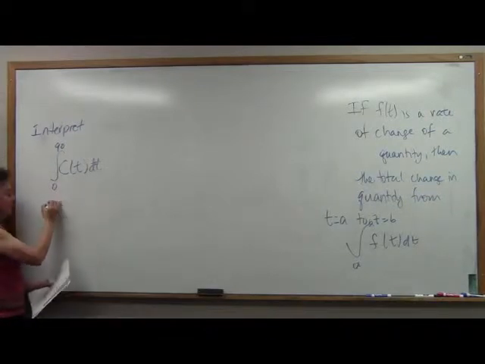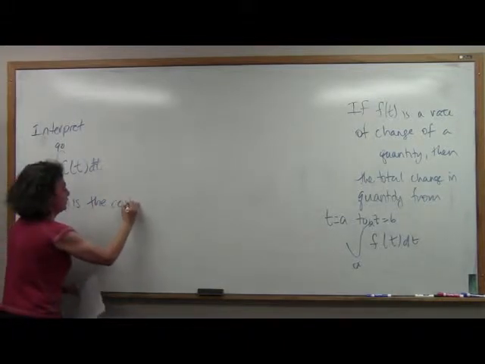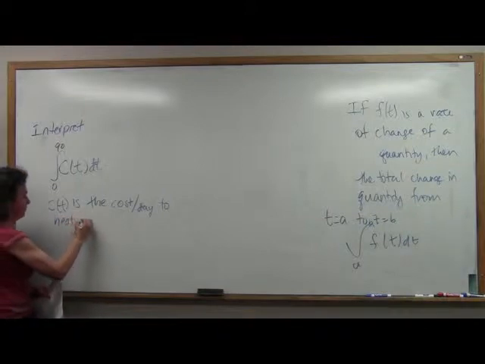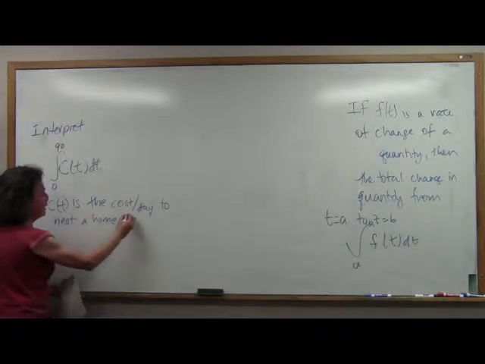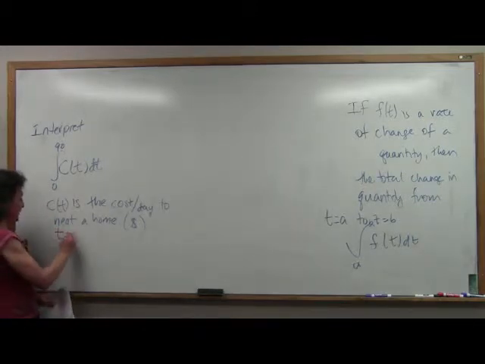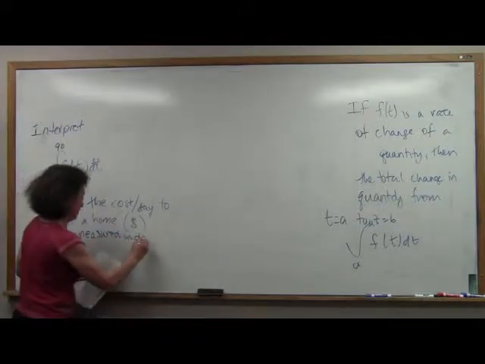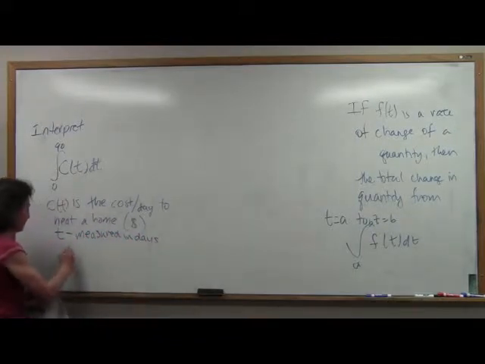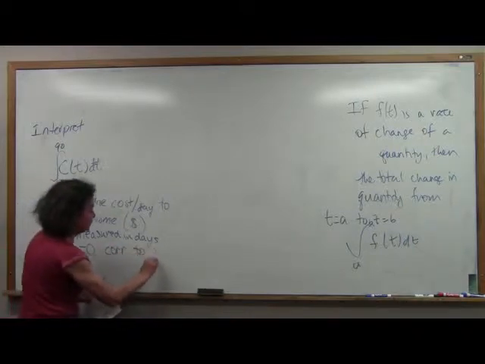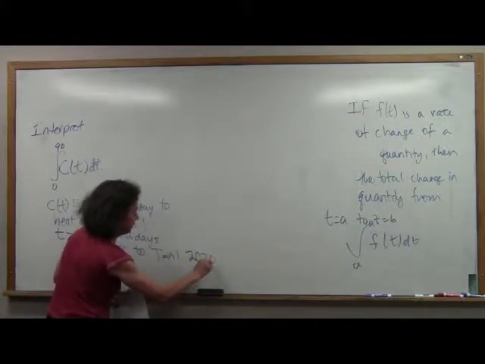And I'm going to tell you that C of t is the cost per day to heat a home. And we're going to say that the cost is in dollars. Okay? And we'll say that t is measured in days. And let's further suppose that t equals 0 corresponds to, I don't know, let's say January 1st of 2020.